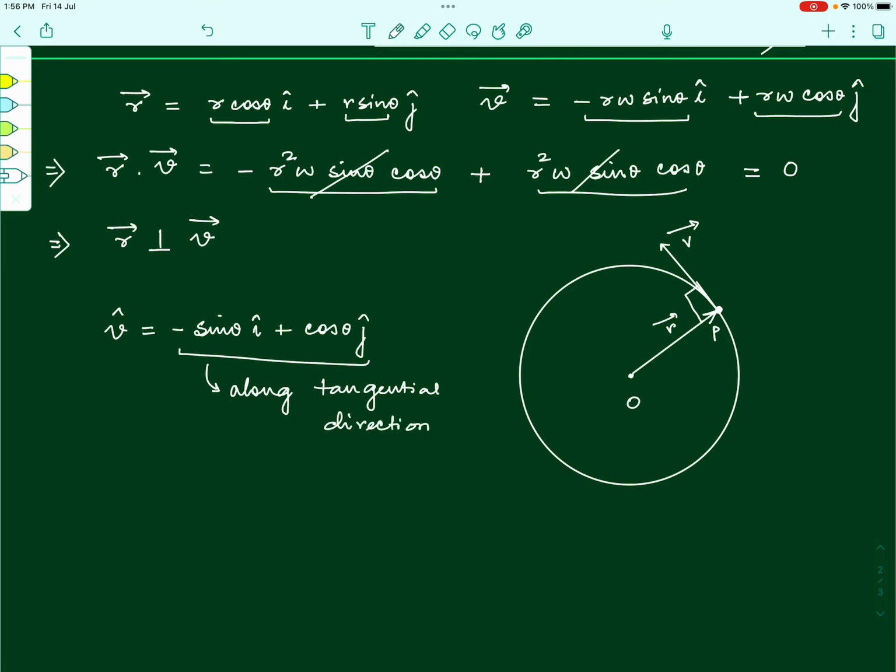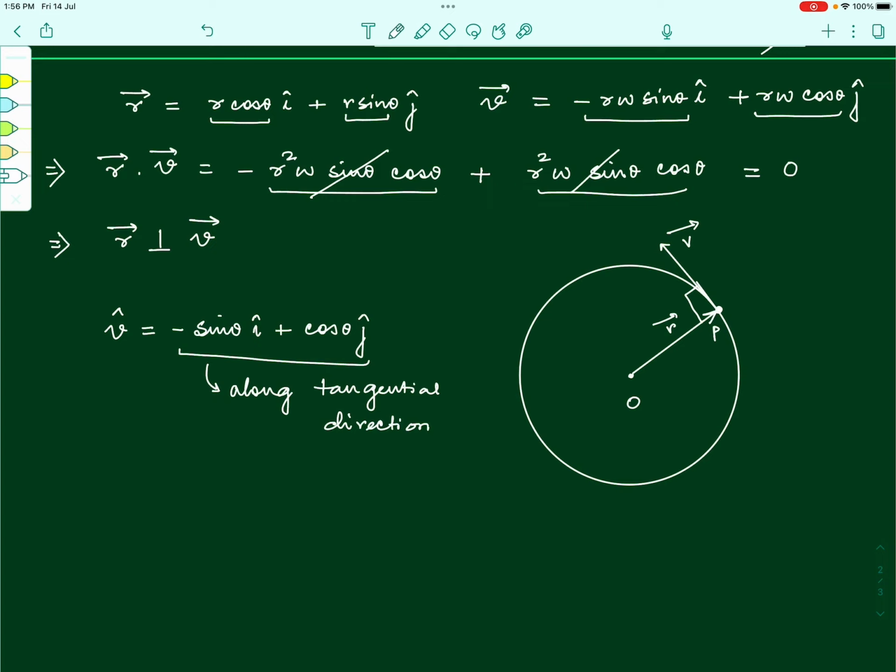So, what we understand here is that the radius vector points along the radially outward direction, vector r cap, and the velocity vector of a particle moving in a circular path is always along the tangent drawn to the point where the particle is at any point in time. Both of these informations are important.